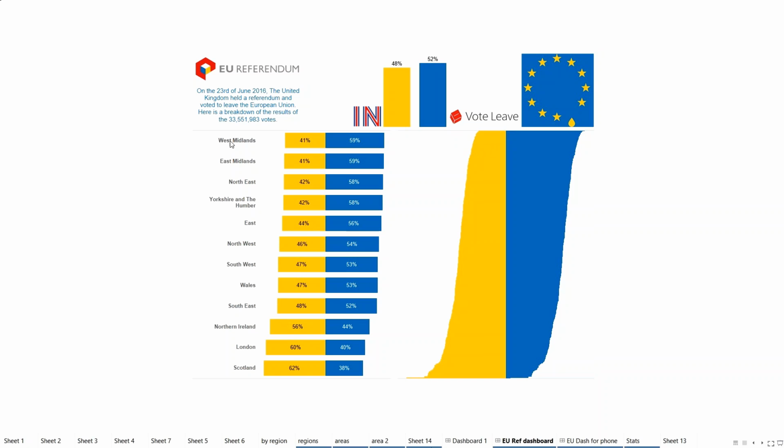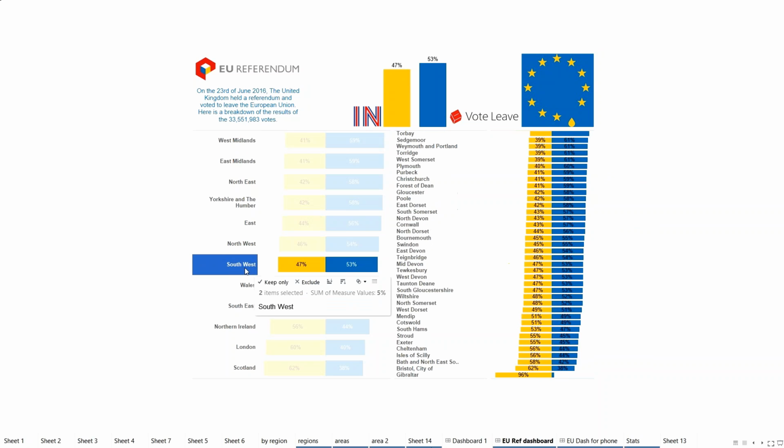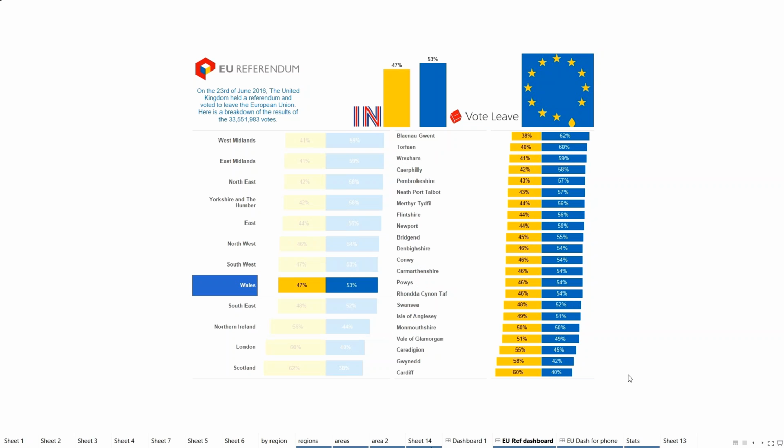By clicking on the region, you can then break it down into the areas and see how each individual area voted, which is quite interesting, especially this one, the Southwest, where you've got Gibraltar, where 96% of people voted in. I just thought it was a nice little way of showing the breakdown of the results and the outcome.